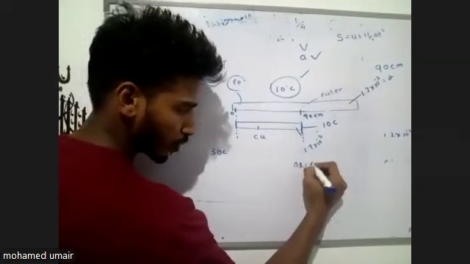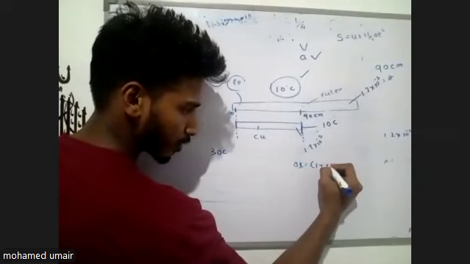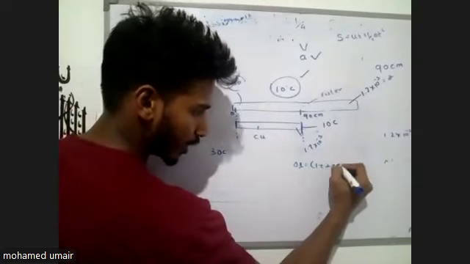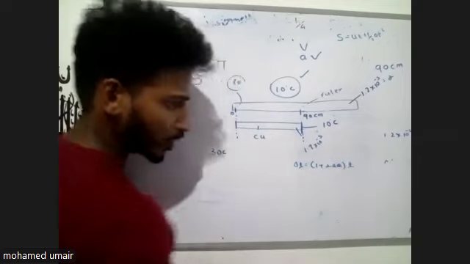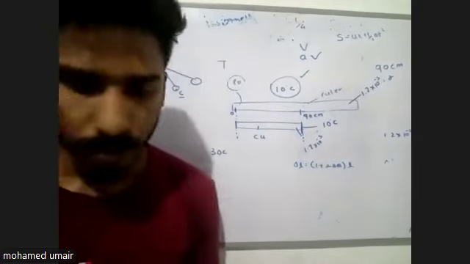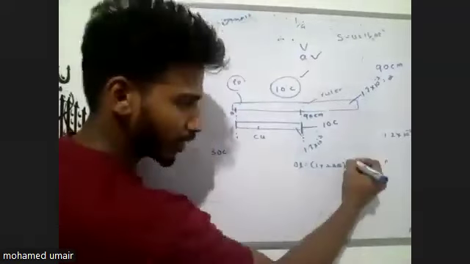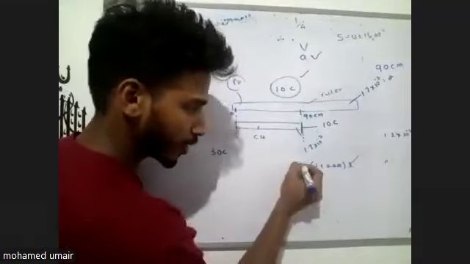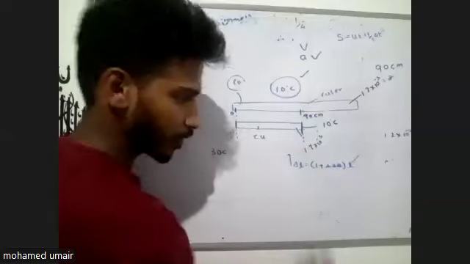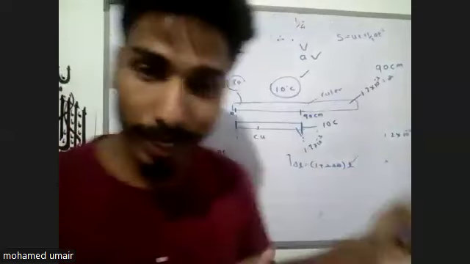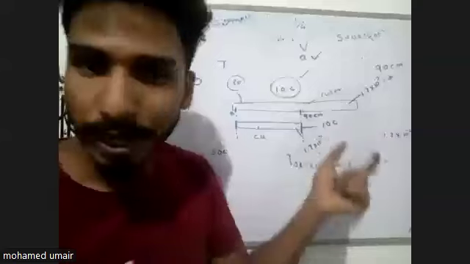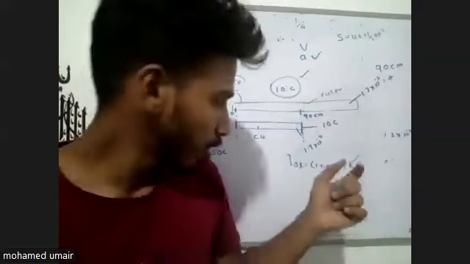Delta L is equal to 1 plus alpha delta theta into the initial length. So you should understand that with the initial length, the expansion is greater. If you have a bigger length, of course, the expansion will be greater.